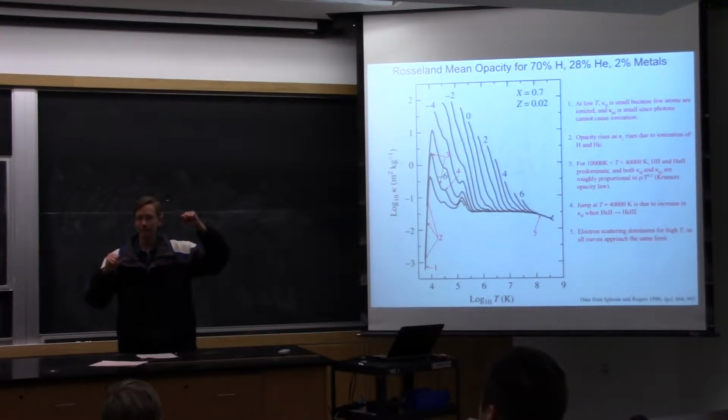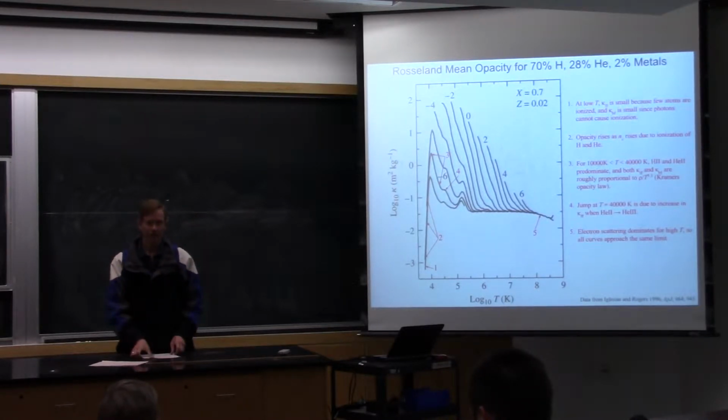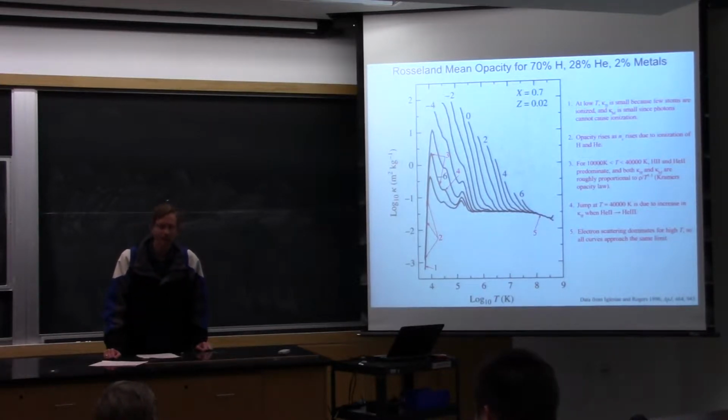The ion needs to be there in order to conserve momentum as well as energy. So free-free opacity is going to be small at low temperatures because it's not hot enough to produce significant ionization. If atoms are not ionized, there are not free electrons, therefore there's very little free-free opacity.